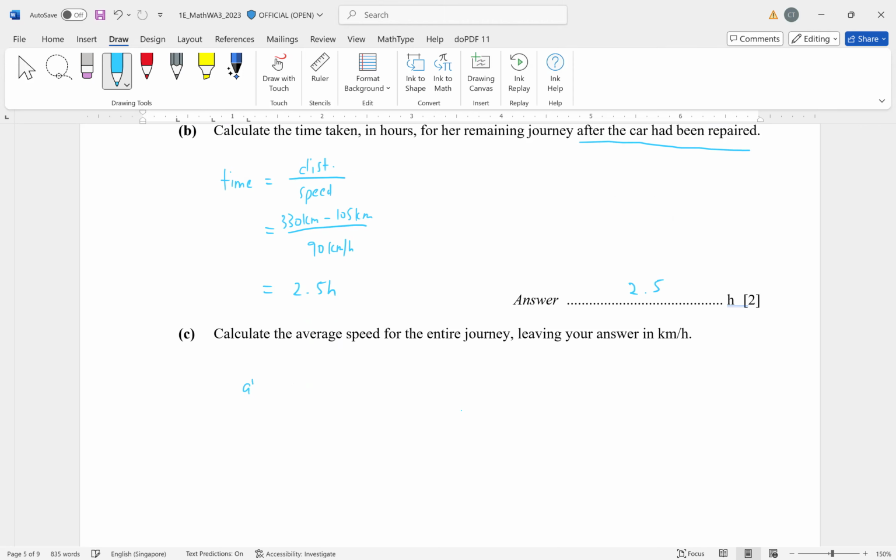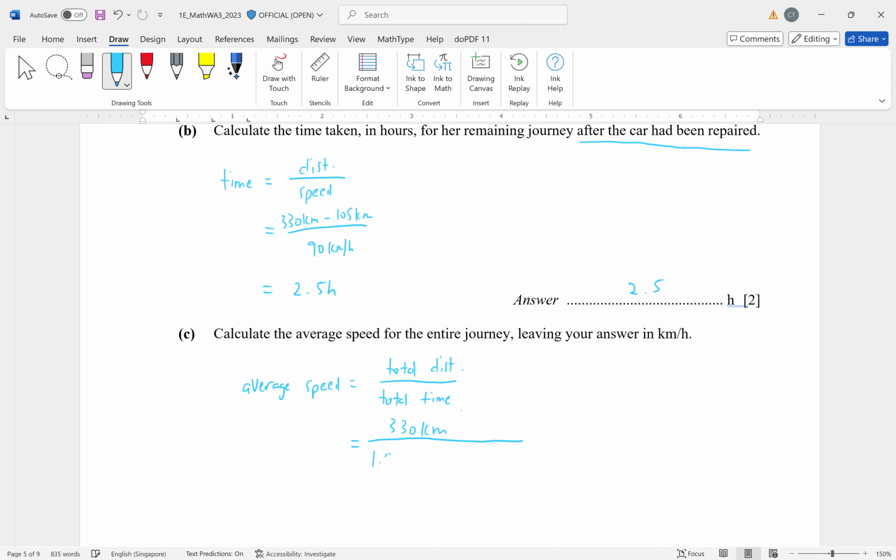Calculate the average speed for the entire journey. If you recall, the formula for average speed is total distance over total time. The total distance that she traveled for this journey is 330. For the total time, you need to include the time where she wasn't moving, where the car broke down.